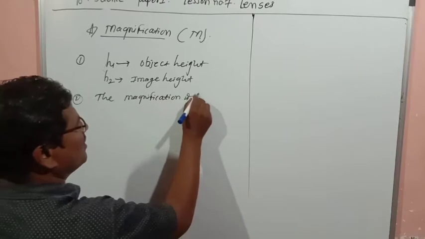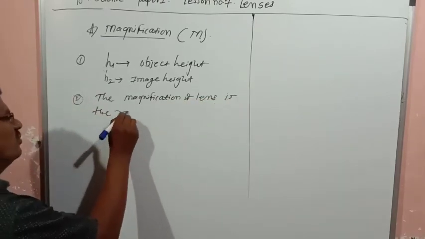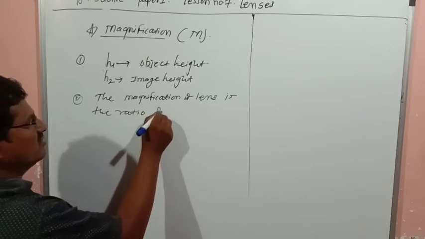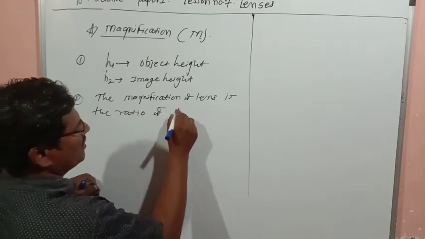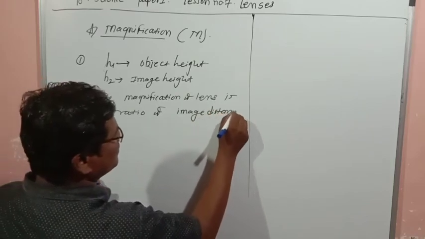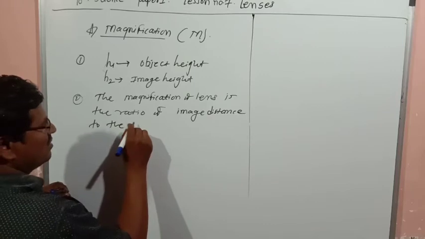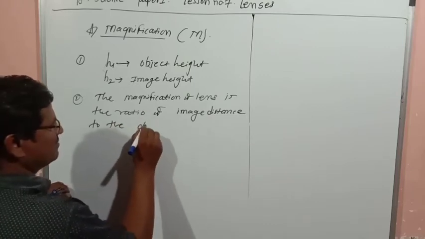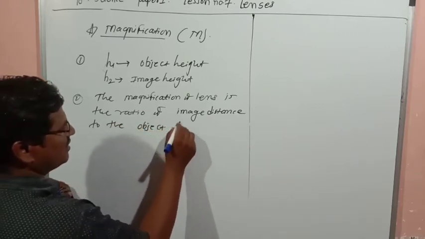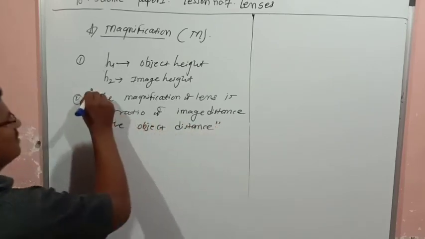Magnification of lens is the ratio of image distance to the object distance. So what is the magnification?